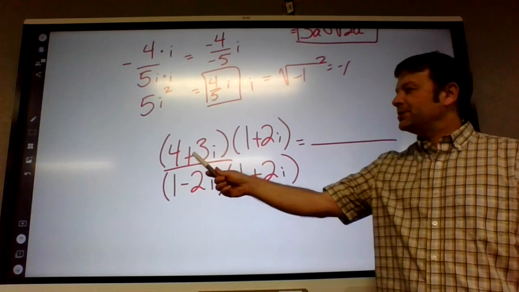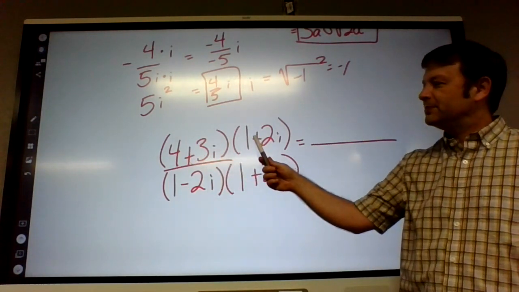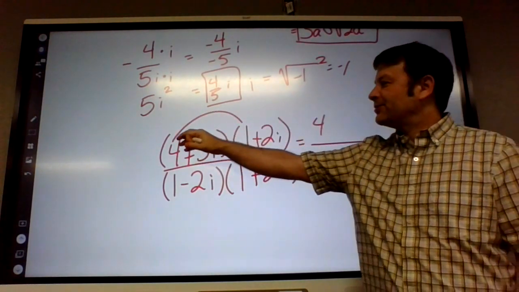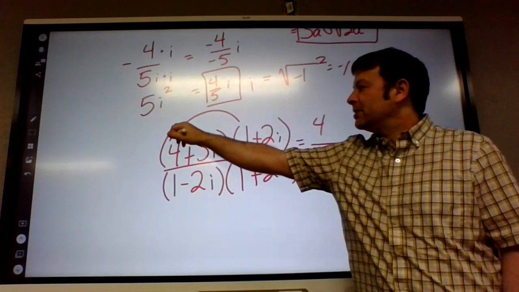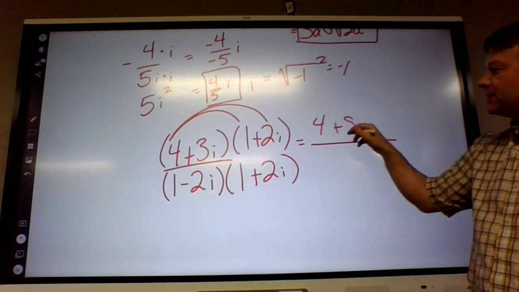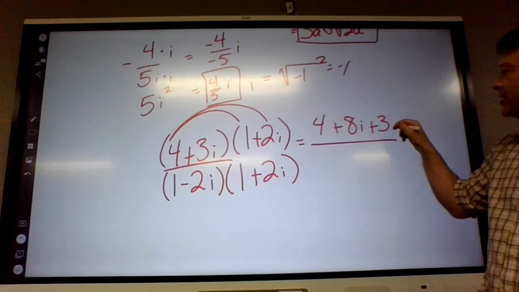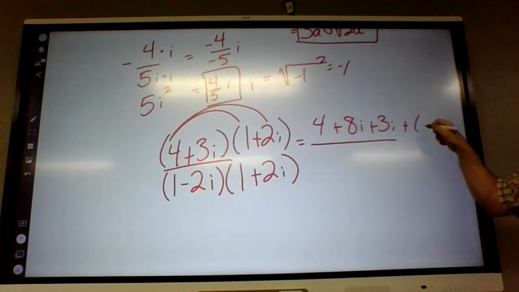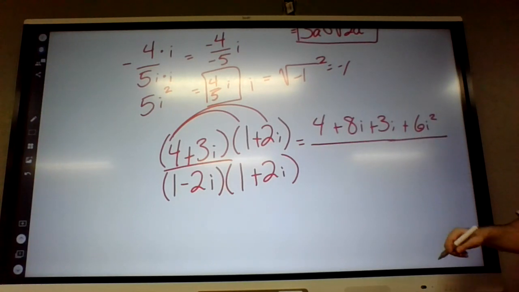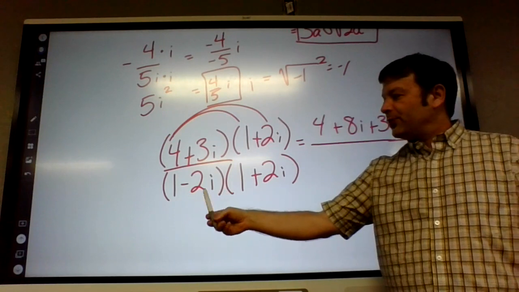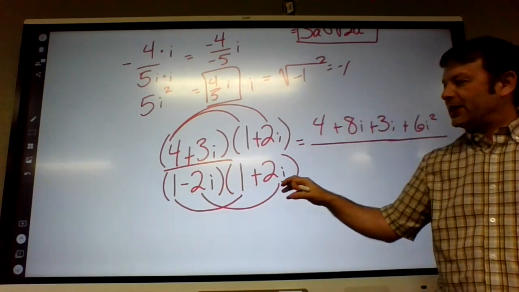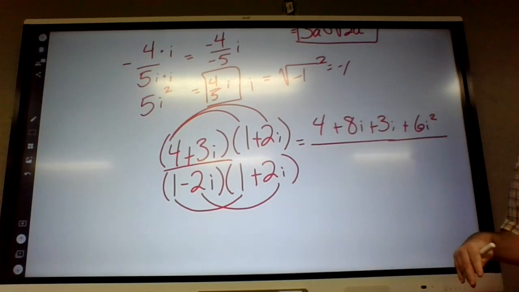Okay. This is a FOIL problem. So first, outside. I'm not gonna go through all the FOIL. But the last thing, 3i times 2i is 6i squared. And then the bottom one is also a FOIL, but when you're foiling conjugates, you can get away with just doing first and last because the outside and inside cancel out.